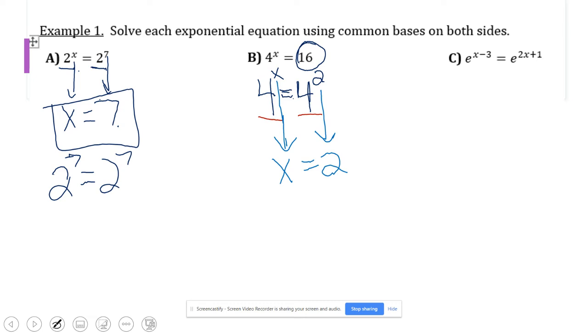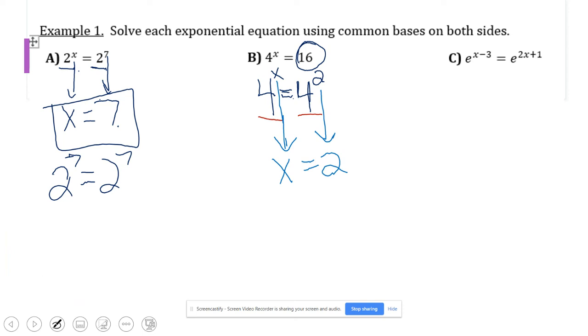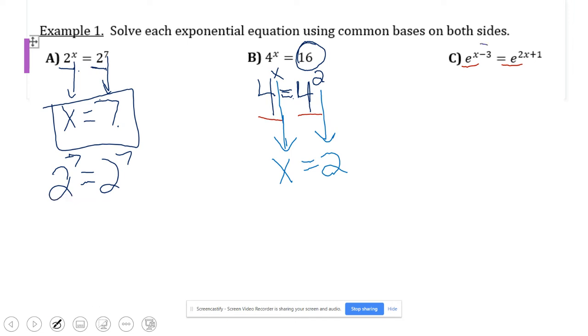Letter C. Our bases are both e. Awesome. So since we have like bases, we can bring their exponents and just focus on those to say x minus 3 is equal to 2x plus 1.